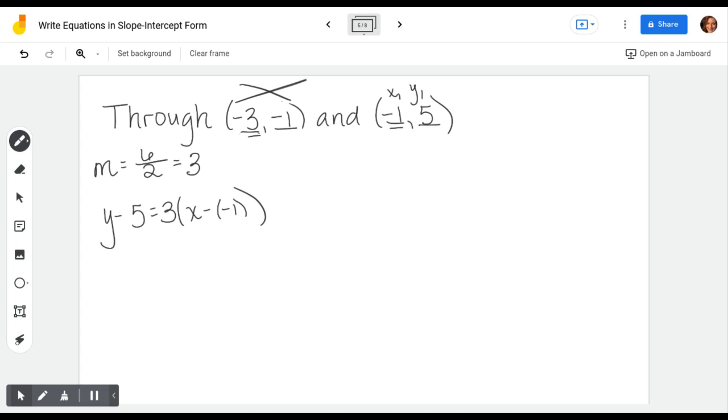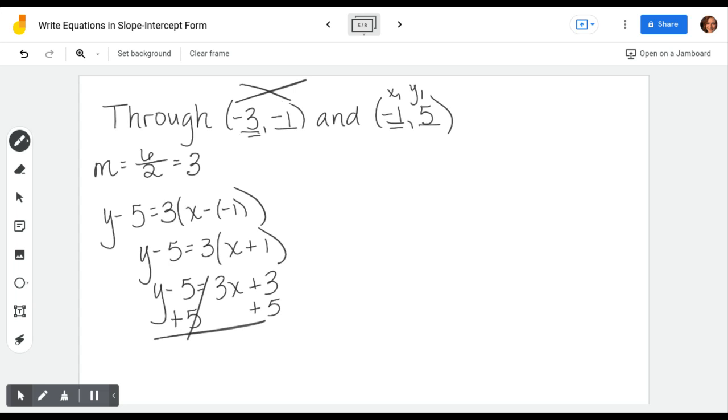So this becomes y minus 5 equals 3 times x plus 1. Distributive. Now I have y minus 5 equals 3x plus 3. And then to get y by itself, I need to add 5. And I end up with y equals 3x plus 8.